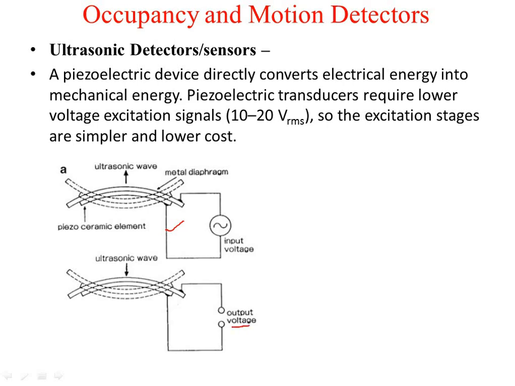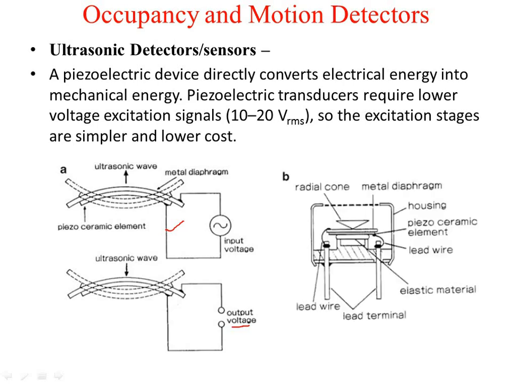So it serves the purpose of both generating the signal as well as generating the sound wave. That means the electrical signal is converted into mechanical energy, that is a sound wave, and the sound wave is converted back into an electrical signal. So the ultrasonic sensor will serve both purposes.